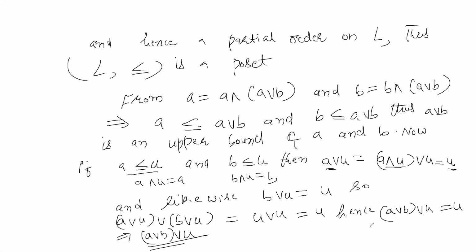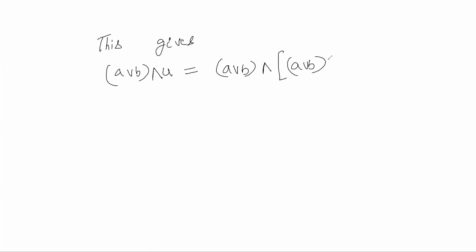So this means what? So A join B join U is U. So this gives A join B meet U equal to, now A join B meet A join B join U by absorption law again.